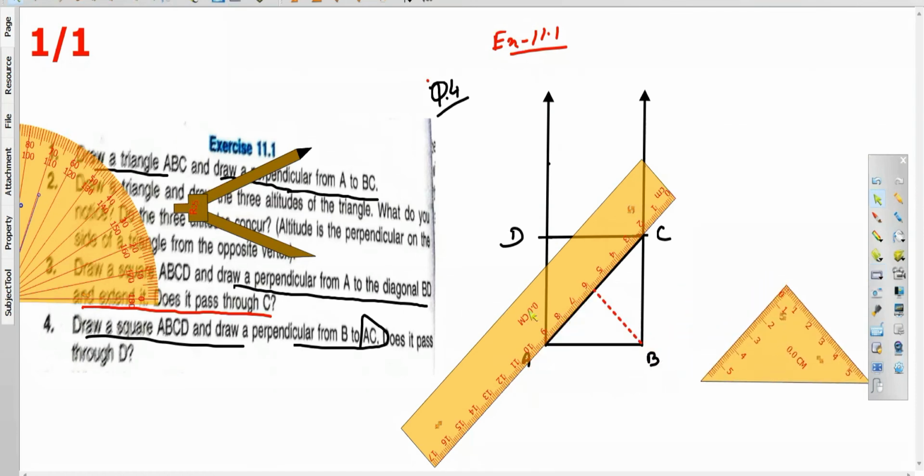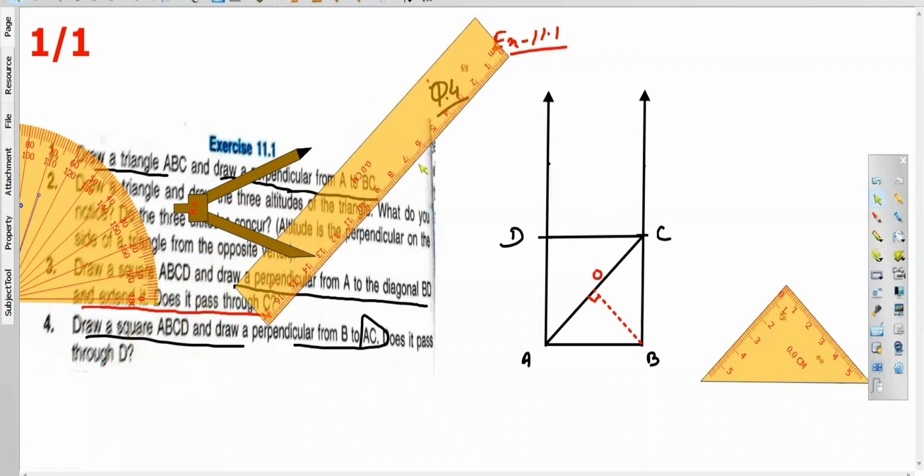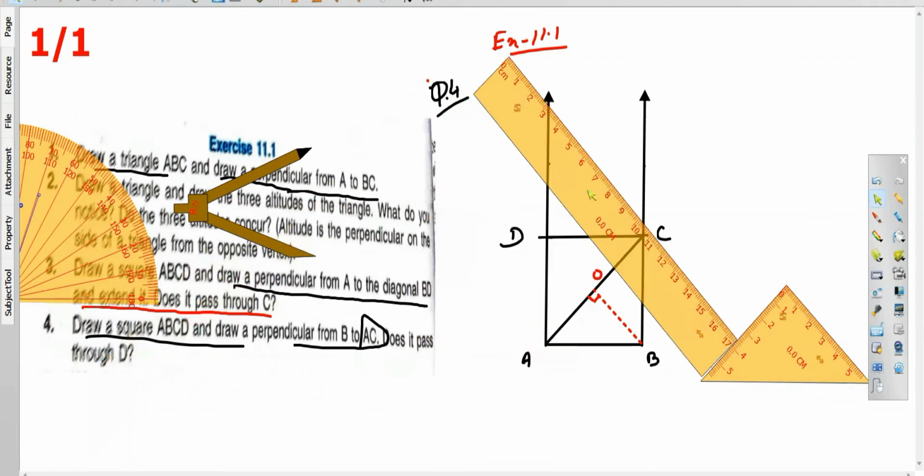Now I'll remove all this and we'll write down: this is OB, which is perpendicular to AC, which on further extending will definitely pass through D. How, I'm going to show you.